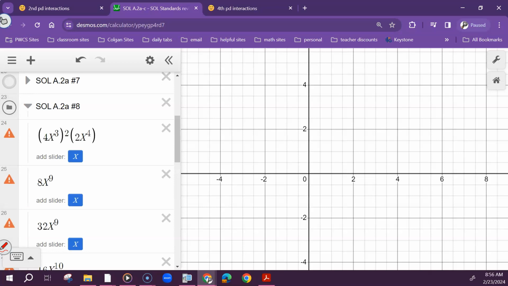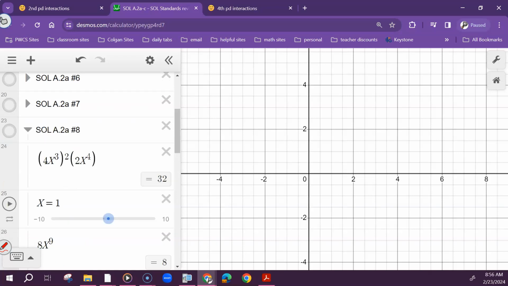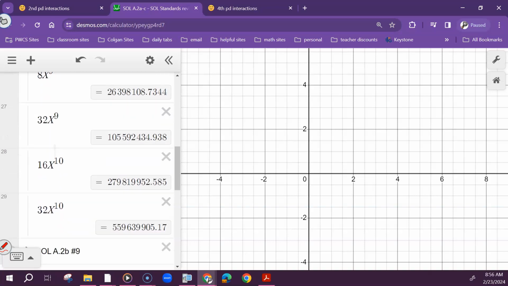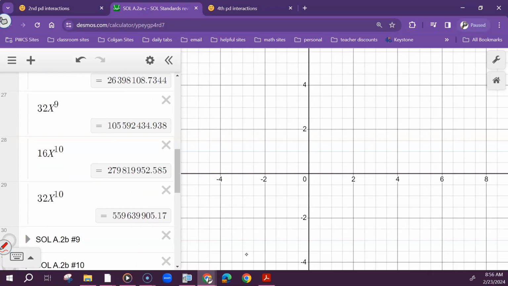The one that was multiple choice, same thing, if I put in the actual problem and I put in all the answer choices, only one of them is going to match the answer, and that would tell you which one would be your answer.